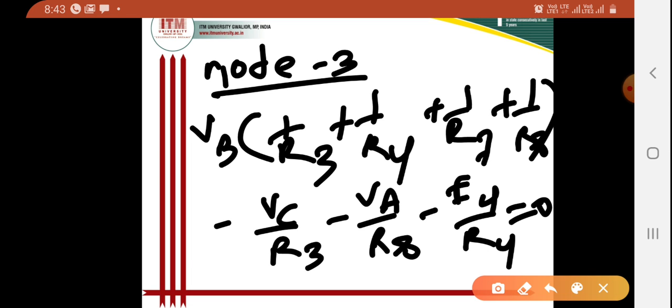After finding the different node voltages, various currents can be calculated by using Ohm's law.